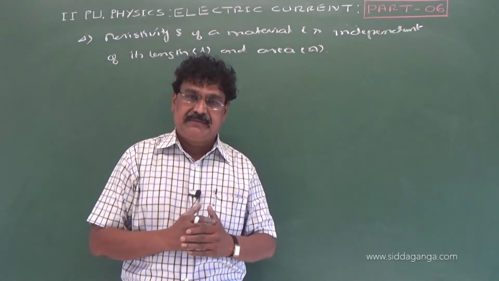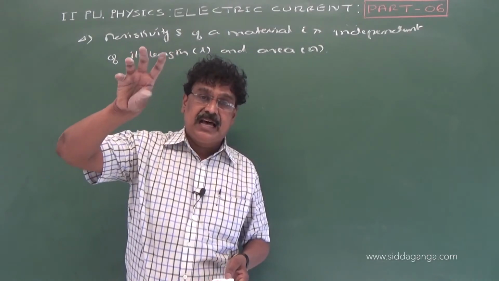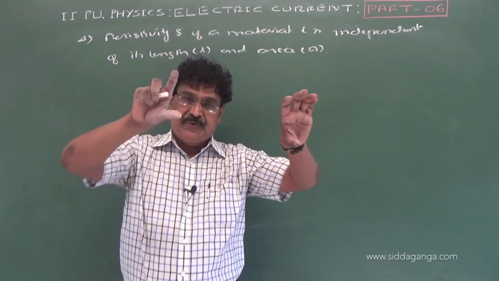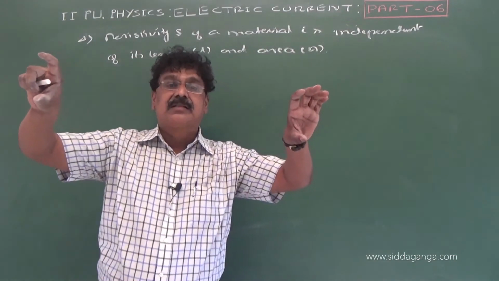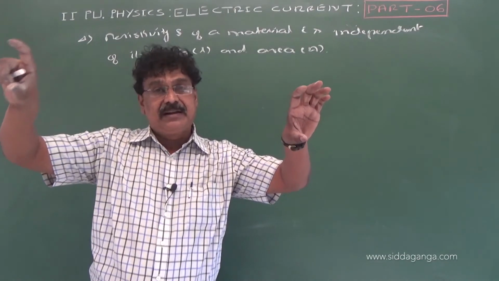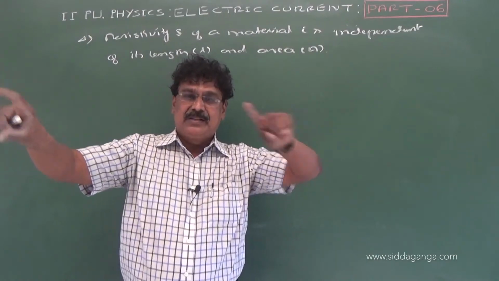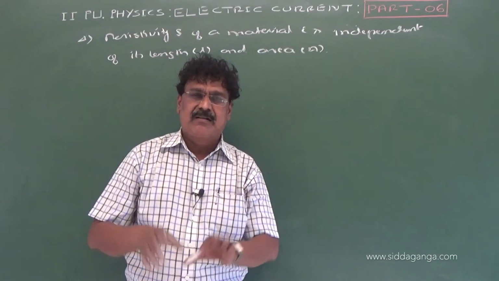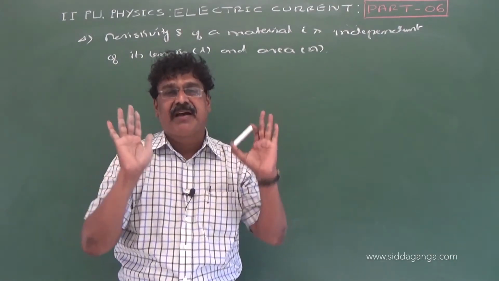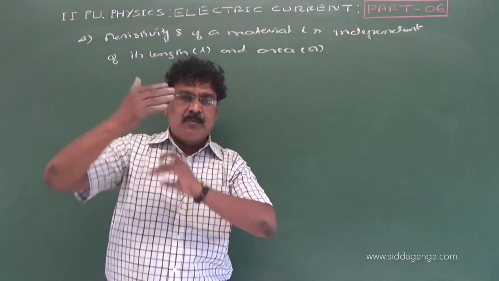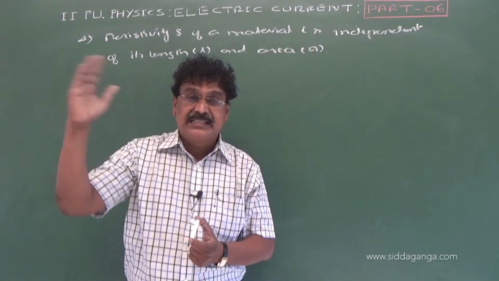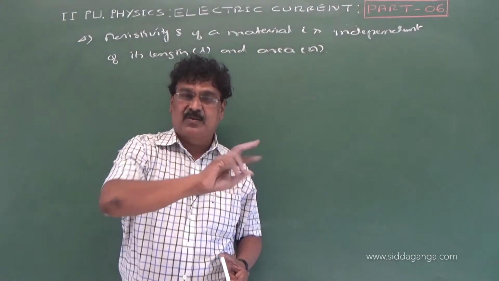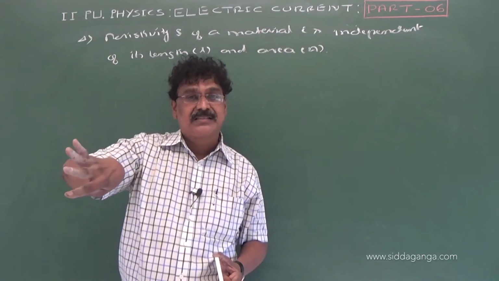Just like that, resistivity is the rate. But resistance is the amount of cloth you take. For 500 rupees, if you take 2 meters, it costs 1000, and 3 meters, 1500. Whether you take 1 meter, 2 meters, 3 meters or 10 meters, the rate remains the same, 500 rupees per meter. But the amount you take changes the cost. Suppose it is 100 rupees per meter, then 2 meters cost 200, and 3 meters cost 300.